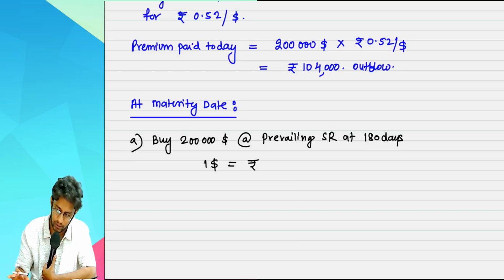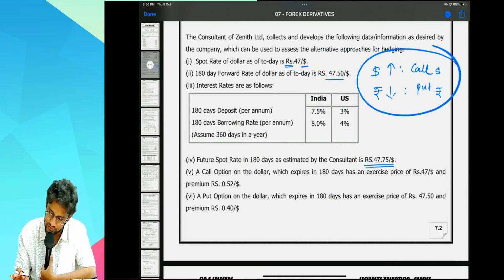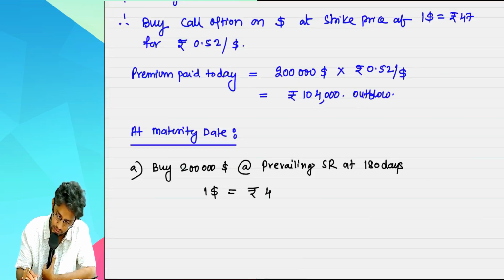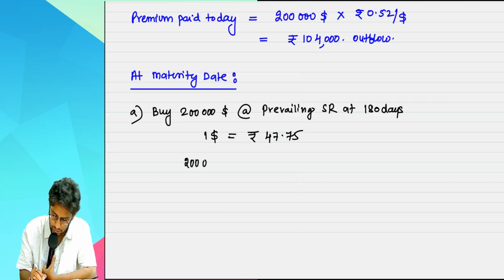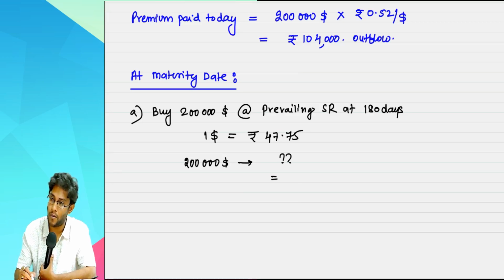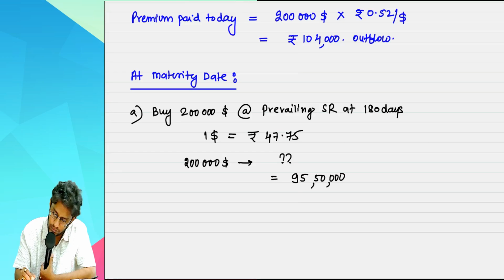Of course, estimated, but they have given previous month of 47.75. So $2 lakh, outflow, please. 90 is definitely your outflow.